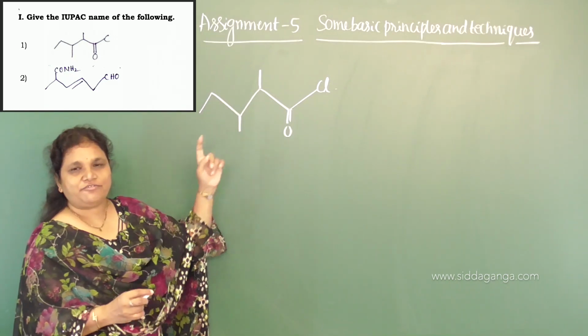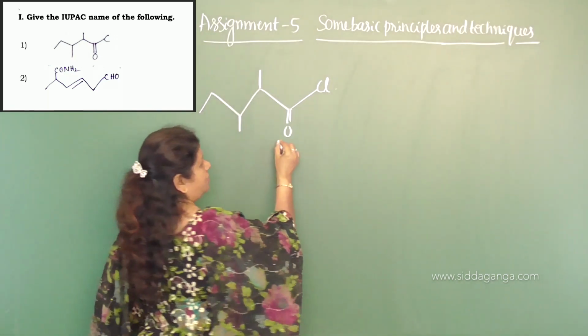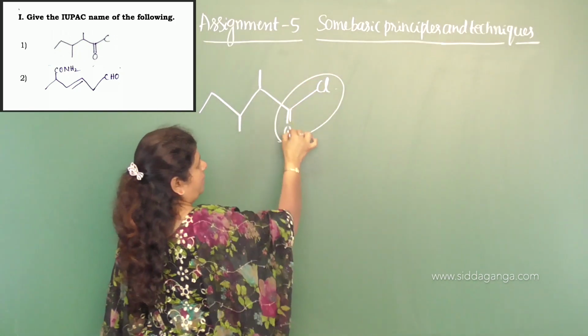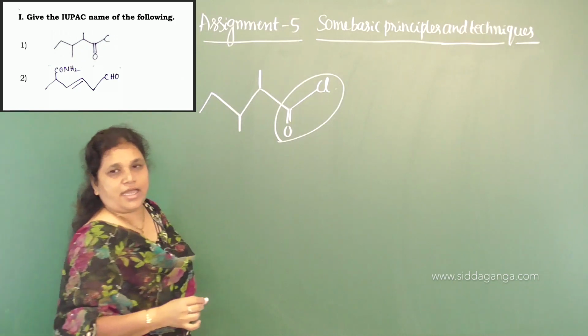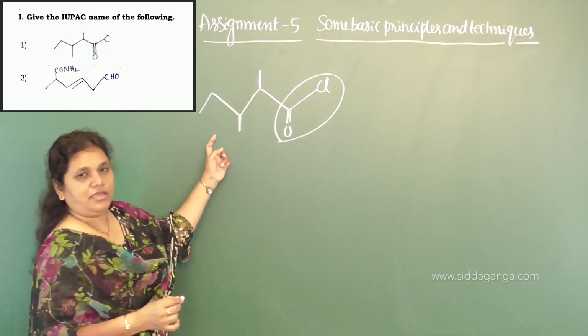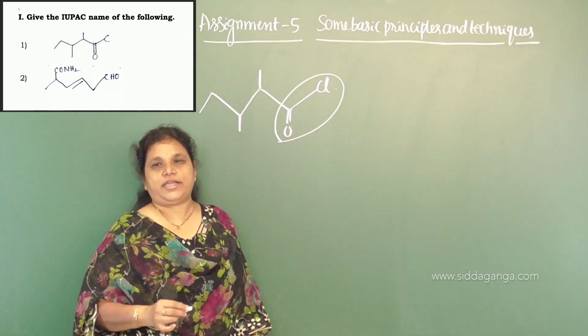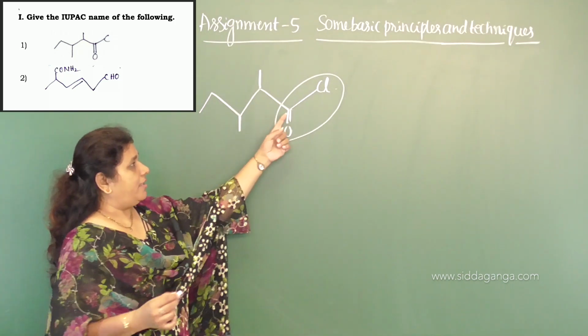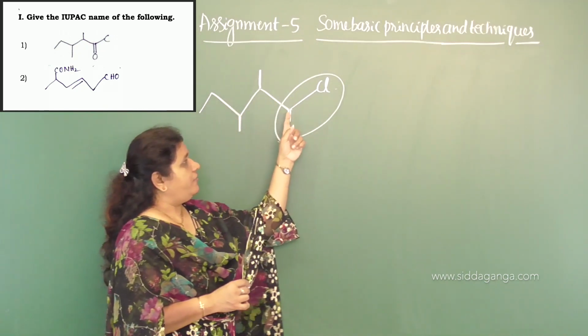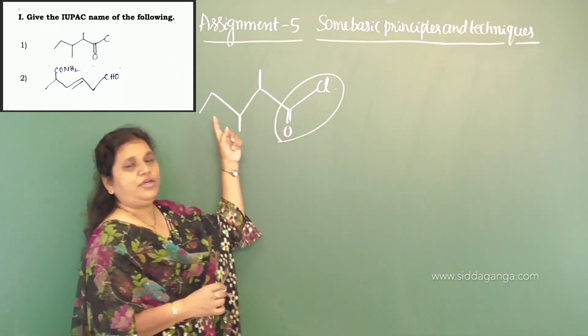First you identify the functional group. The functional group here is C double bond OCl, that is, acid chloride is the functional group. Now while selecting the chain, we have to select that chain which contains the functional group, and this functional group containing carbon we need to consider in the root word.